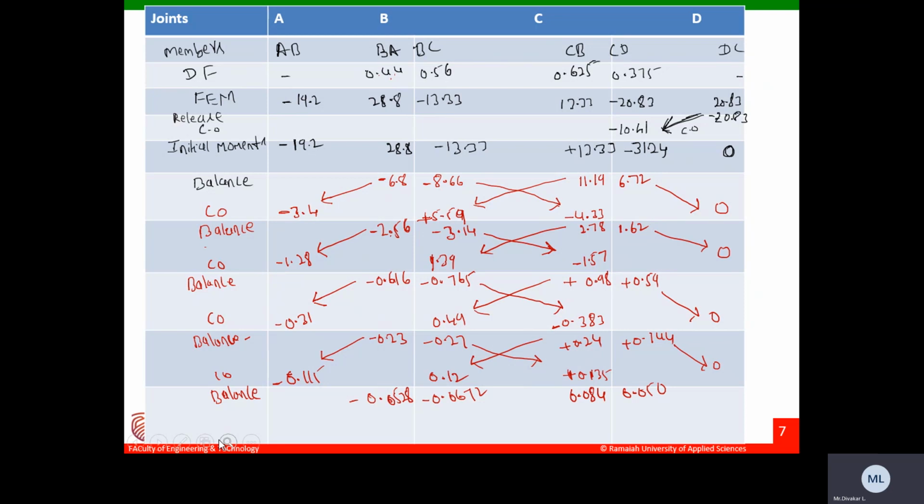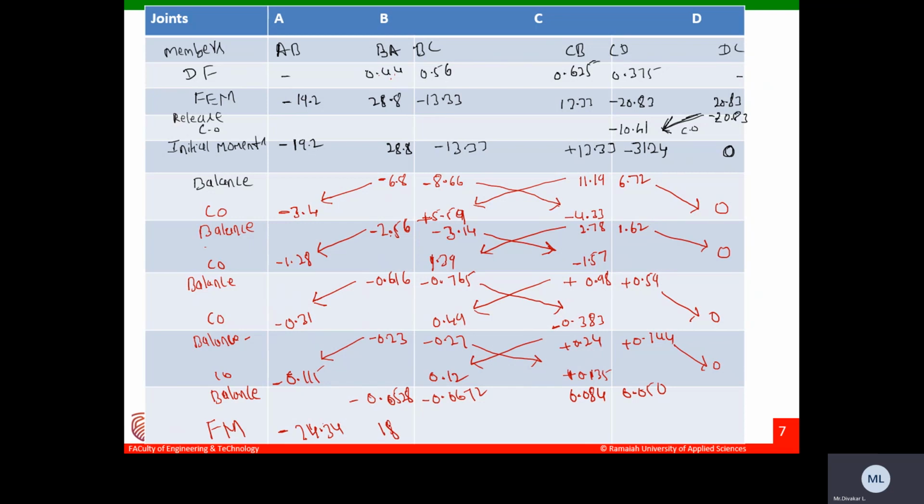You can stop your iteration at these positions, and approximately you can write down the final moments, how much you will get. Final moments approximately. You can cross check with the values. This is minus. Roughly I'm writing as minus 24.34.